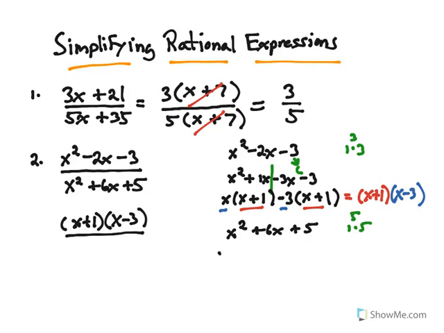So write down your first term, write down your last term, leave some space, and then pick 1x and 5x. We attach the x because that's the variable we're using. What do the signs have to be in order to get a plus 6x? Well, it has to be a plus 1x and a plus 5x. That's the only way to get 6x in the middle. See, the middle term is going to dictate what the signs have to be.